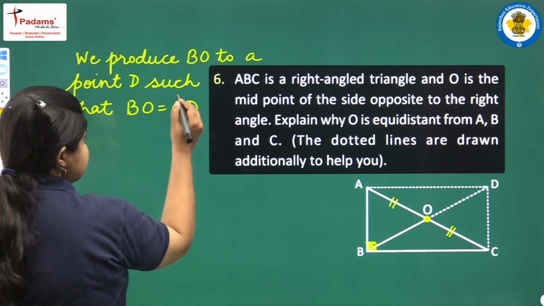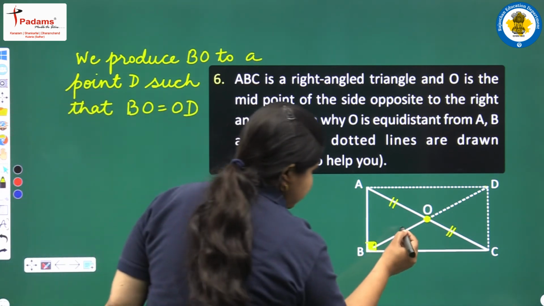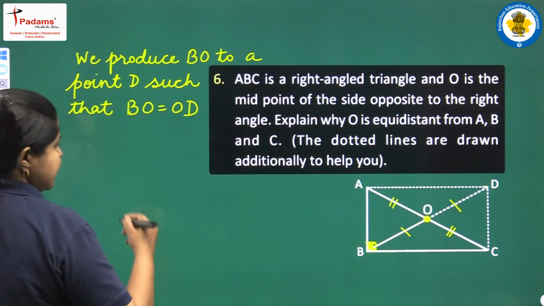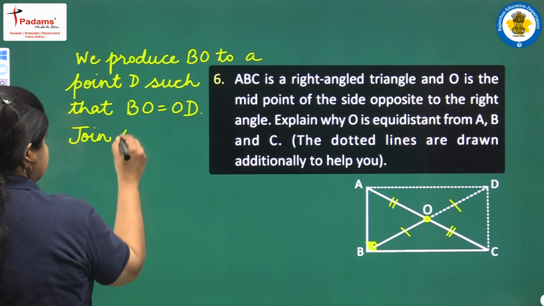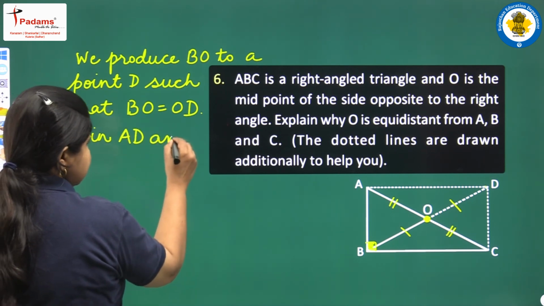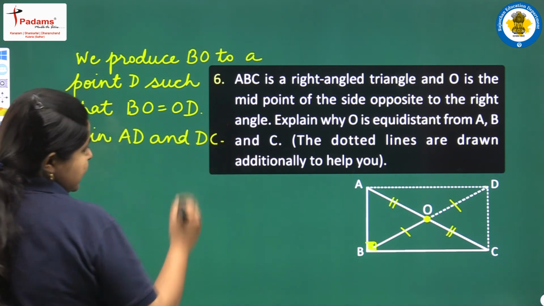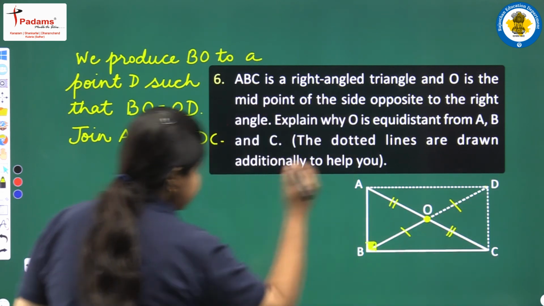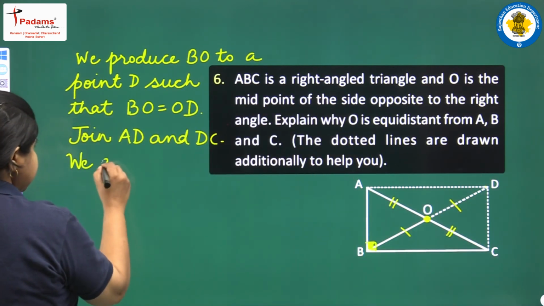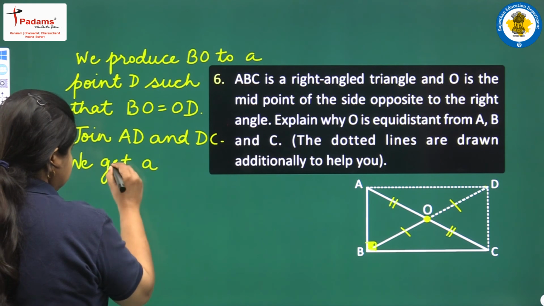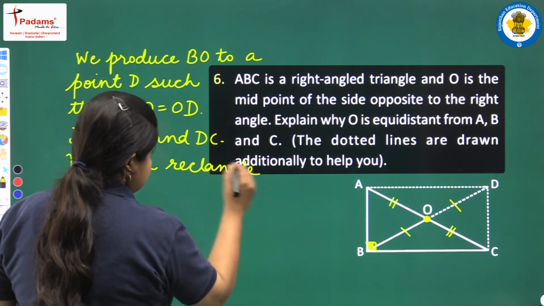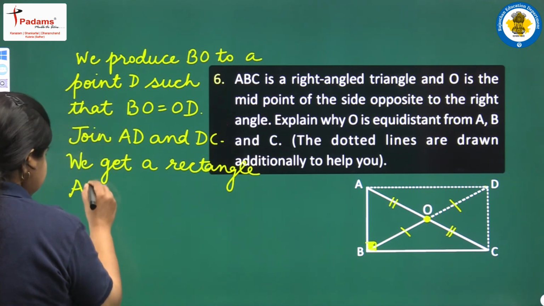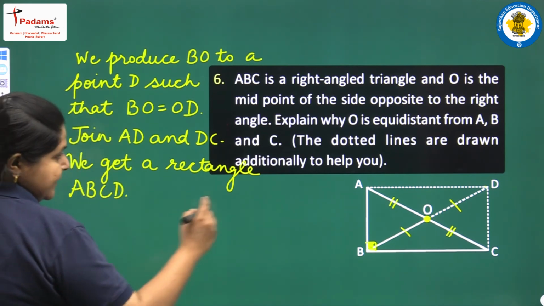We are doing the construction in this way. Join AD and DC. We get a rectangle ABCD. This is the rectangle.